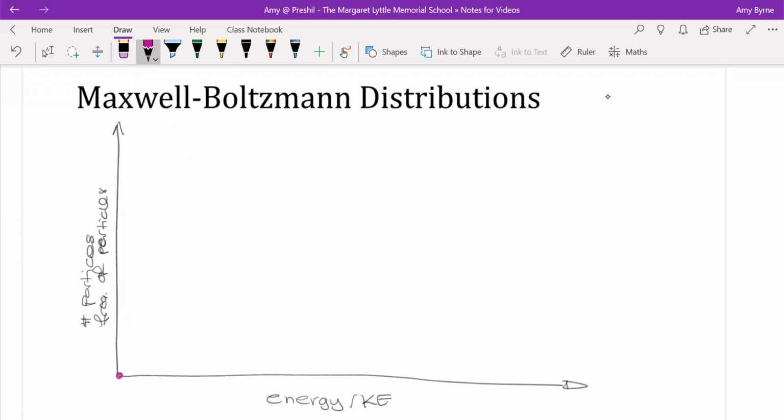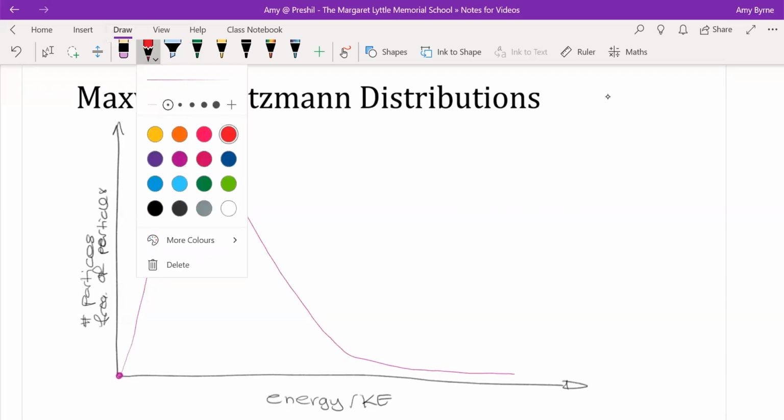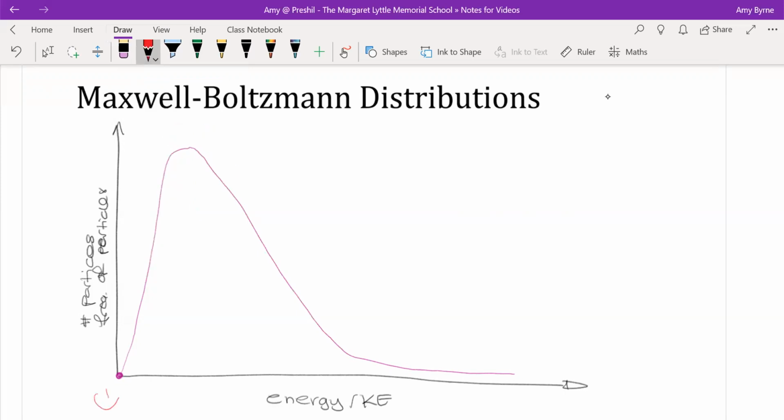At a cold temperature, it increases quickly, hits the top of the curve, and then it tails off. It does not touch the axis.